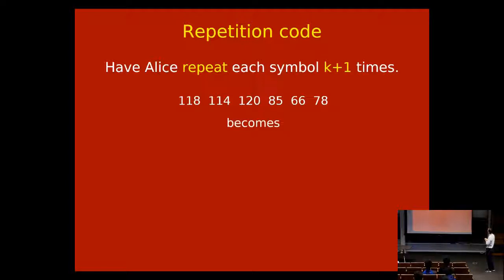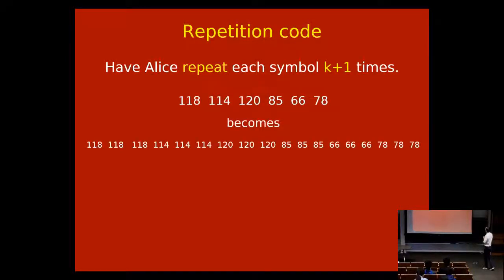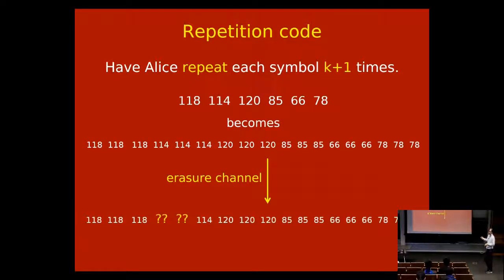So if this is your real message and k is 2, then in the repetition code, you just send each symbol 3 times, just like this: 1, 2, 3, 1, 2, 3, 1, 2, 3. And then you're in great shape. You've solved the problem because, going through the erasure channel, up to k symbols, in this example 2, can get erased.